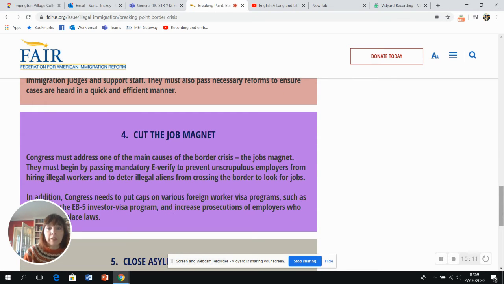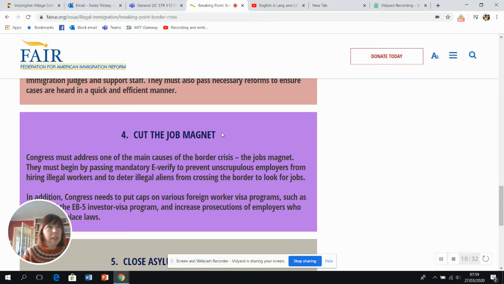Cut the job magnet. This website talks about things like job magnets, also chain migrations, and it introduces this lexical field of immigration jargon.